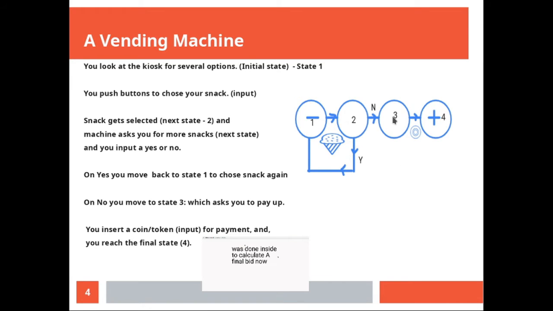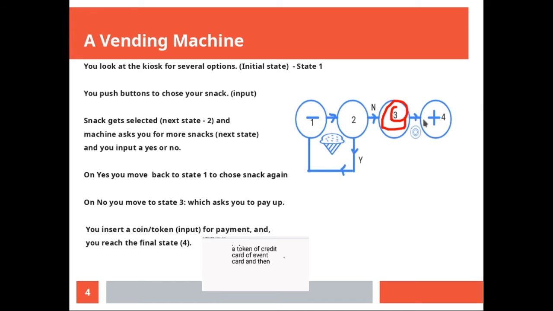Now, in an automata diagram, we are only going to talk about these states and these transitions on the input symbols. What is happening inside the state, we will not be talking about. So let's assume that in some way, this particular state has computed your final bill. You input your final payment, let it be a token or a credit card or a payment card, and then you quit.